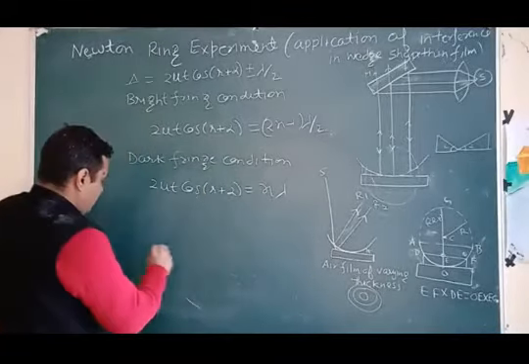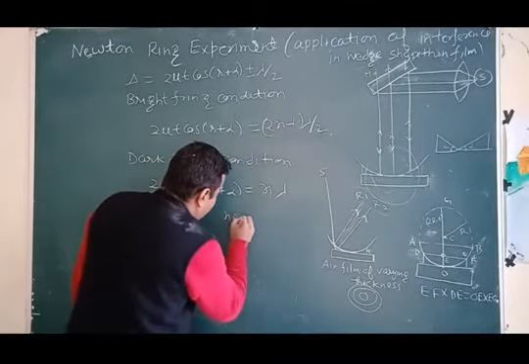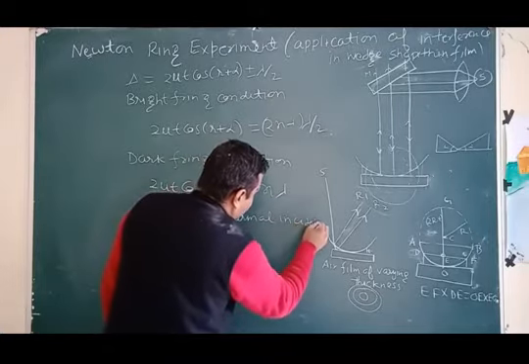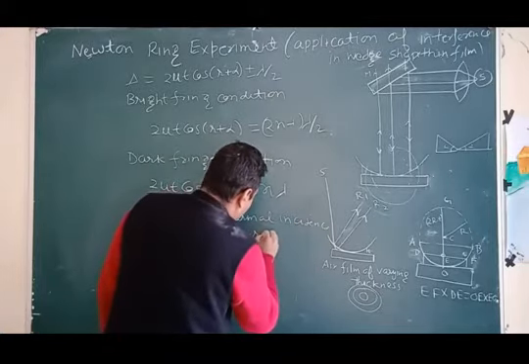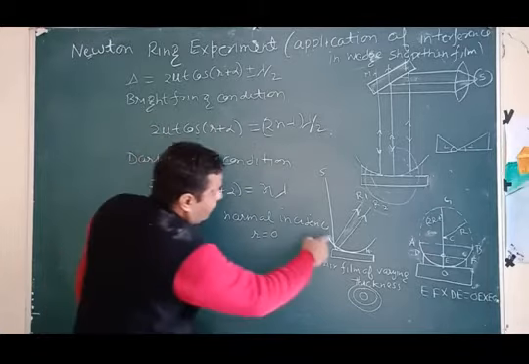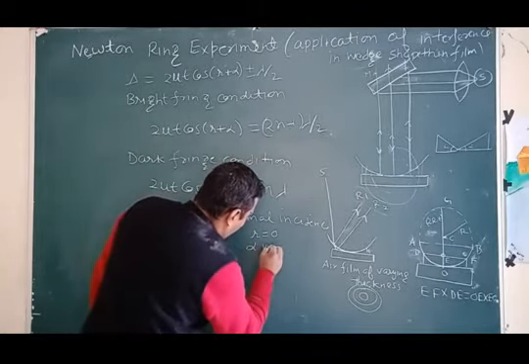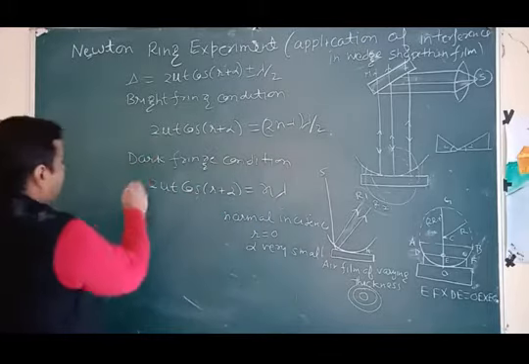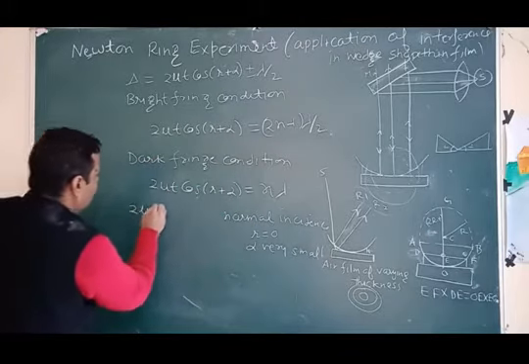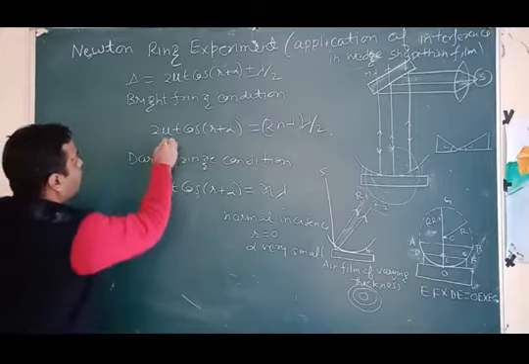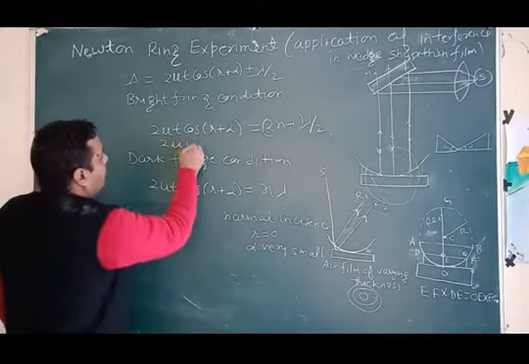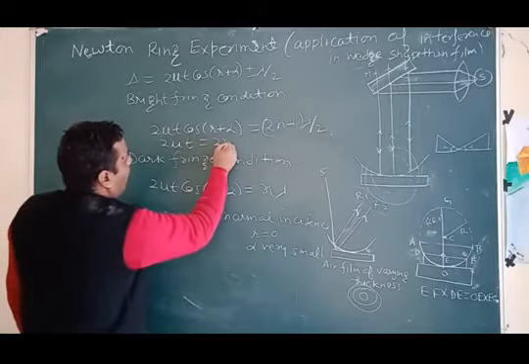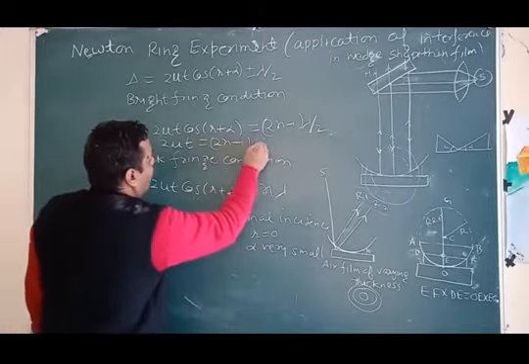Now if at normal incidence r is 0 and this angle is very small, then this will be 2 mu t, equal to (2n minus 1) lambda by 2.